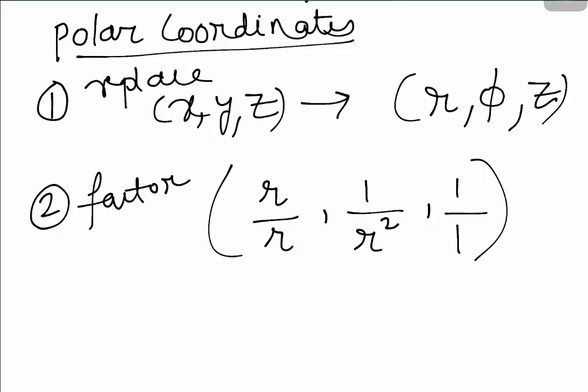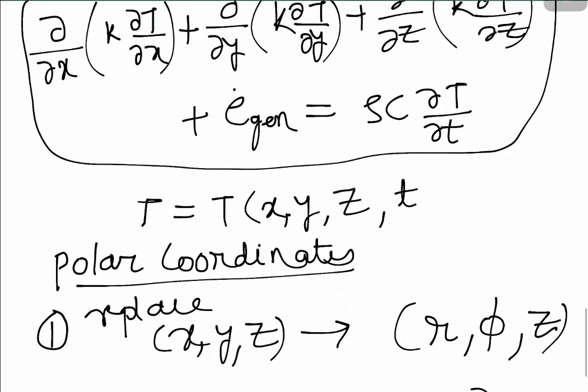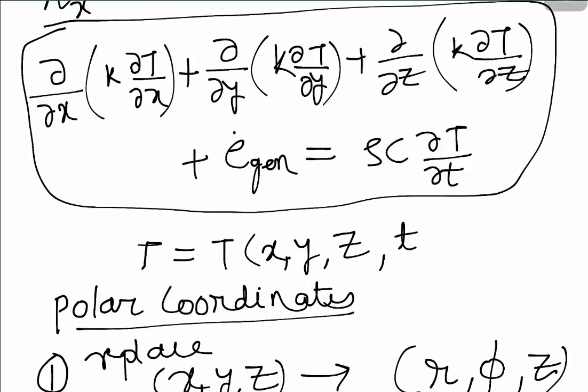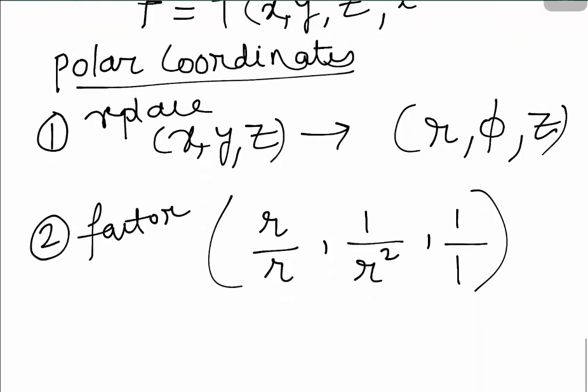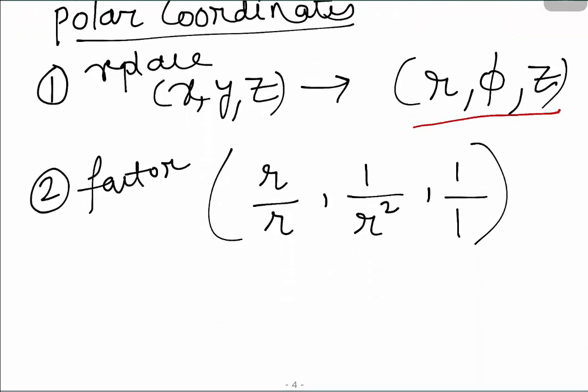First, we have to replace x, y, z in this equation by r, phi and z. And how to use this factor? Numerator will go inside the bracket and denominator will stay outside the bracket.